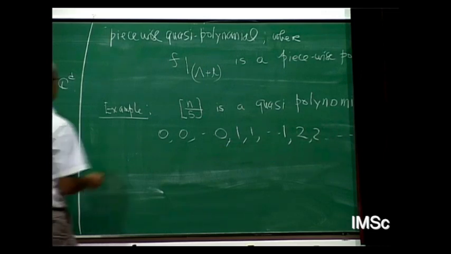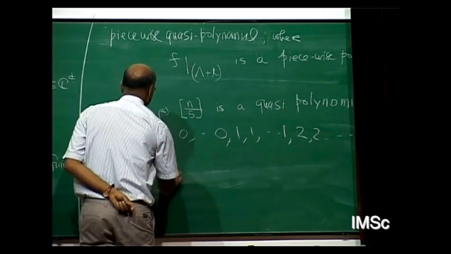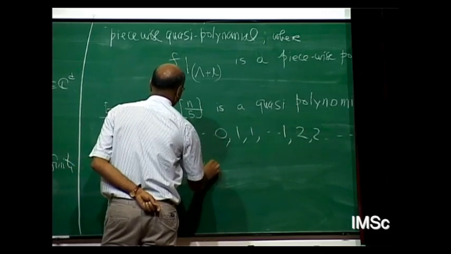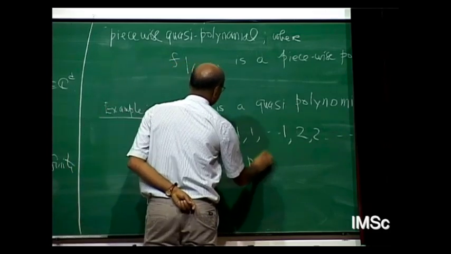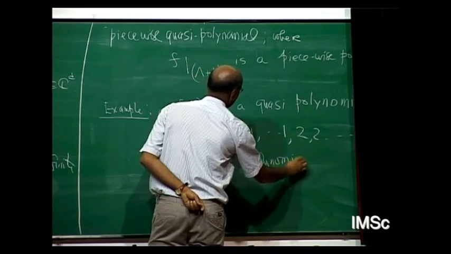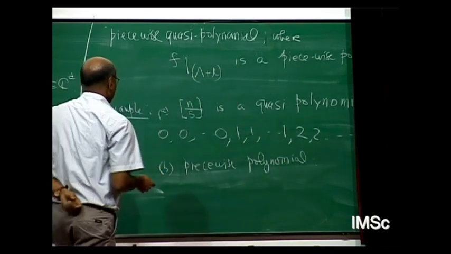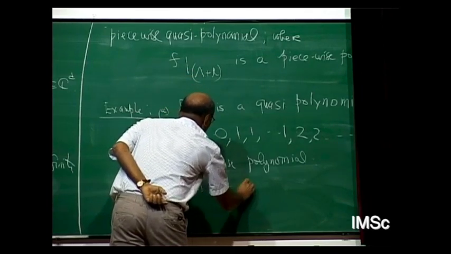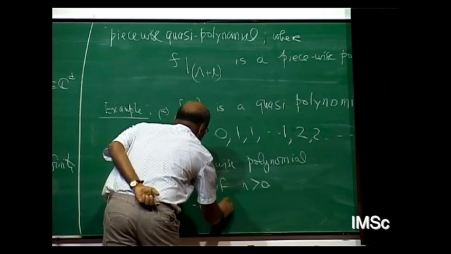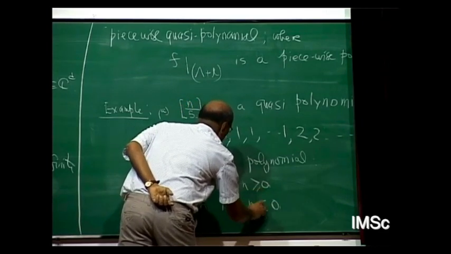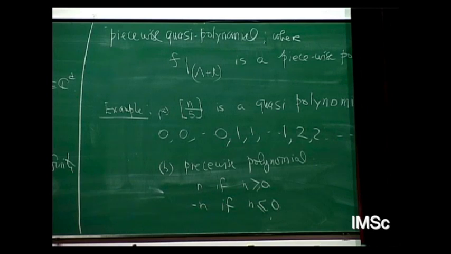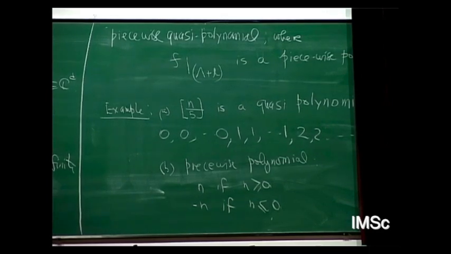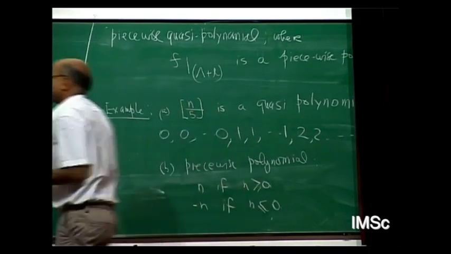So this is a quasi-polynomial, and for piecewise polynomial, an example to keep in mind would be, let's say, n if n is positive, and minus n if n is negative. So this function on integers is not a polynomial function, but it is piecewise polynomial. All right, so these are some definitions.